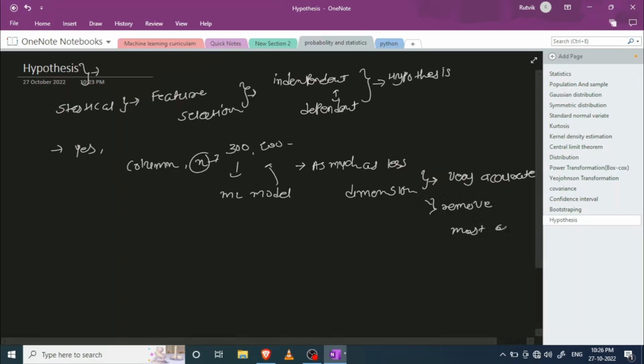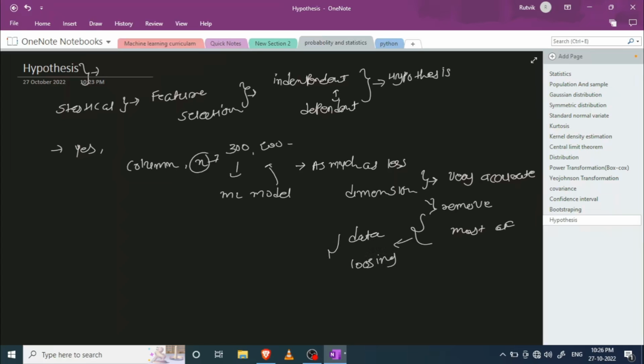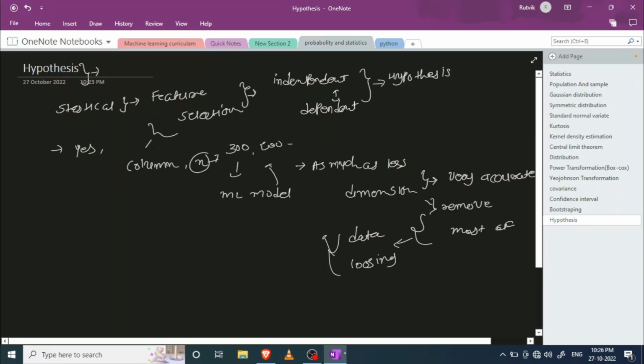And definitely there will be a problem of data loss, right? But we will discuss this problem in my upcoming videos. So basically, hypothesis testing is mainly used for the feature selection part, right?